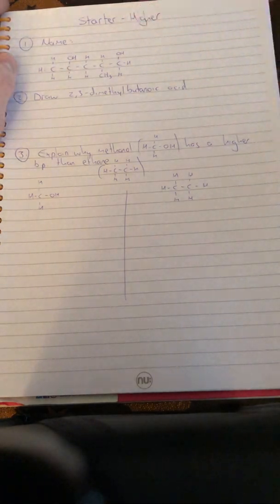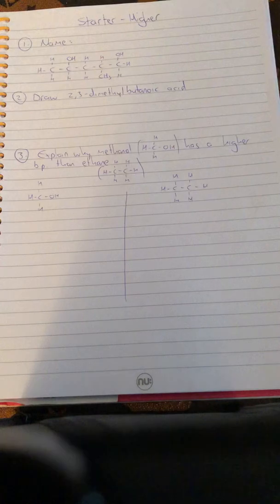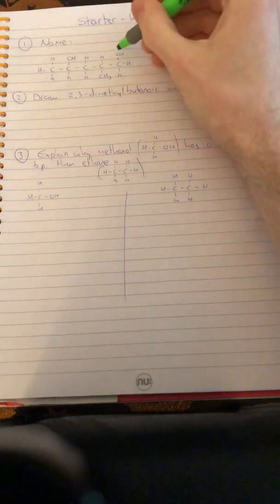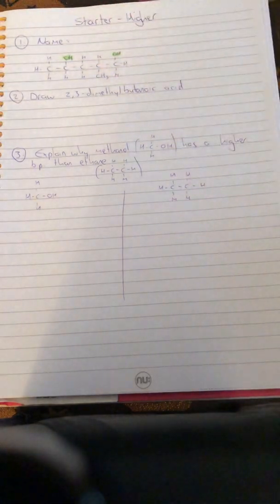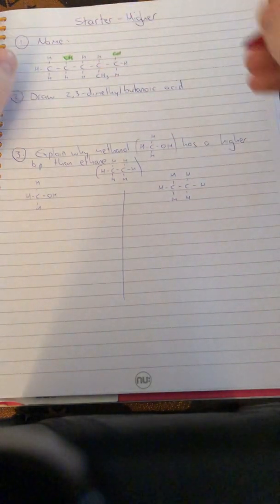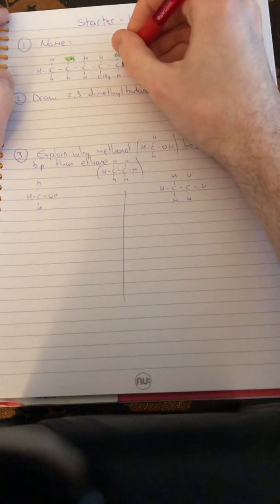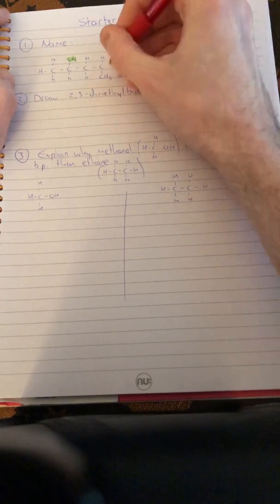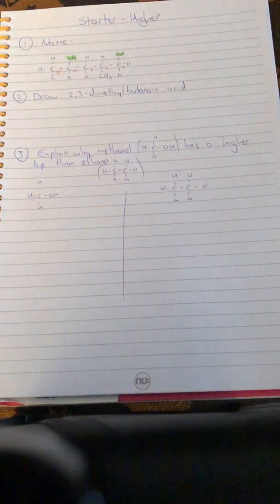Right, so this one here, we need to obviously identify the hydroxyl groups, which we've kind of already done. So the OH is there, and we start from the side closest, so that would be the right. So that's carbon 1, 2, 3, 4 and carbon 5.